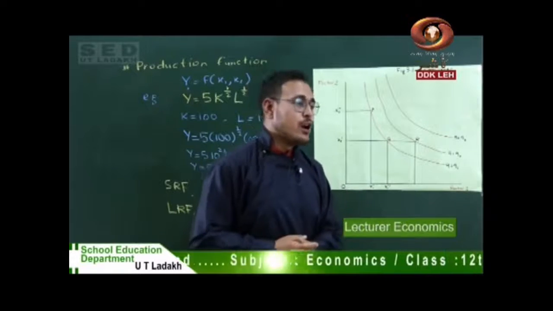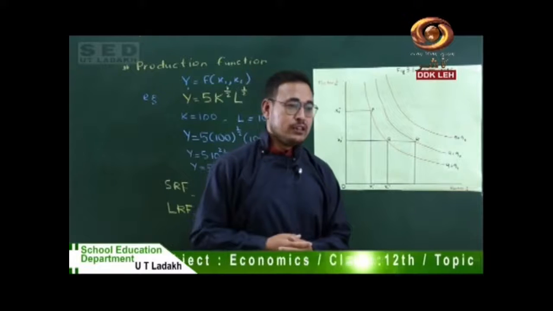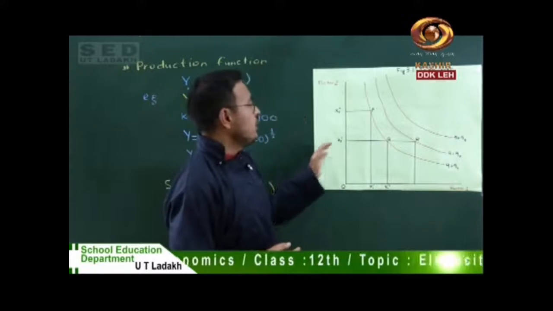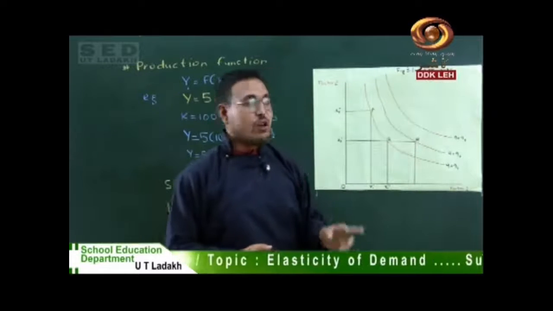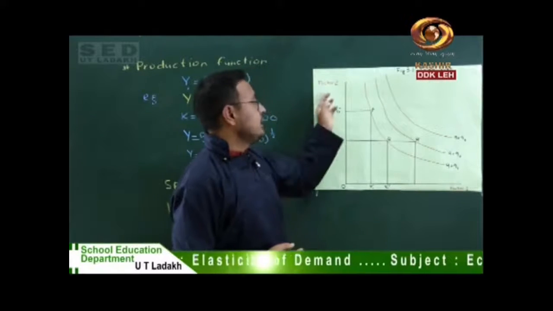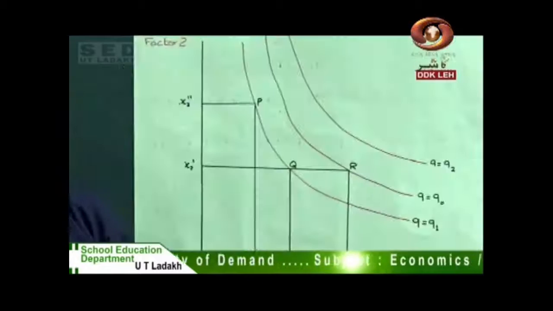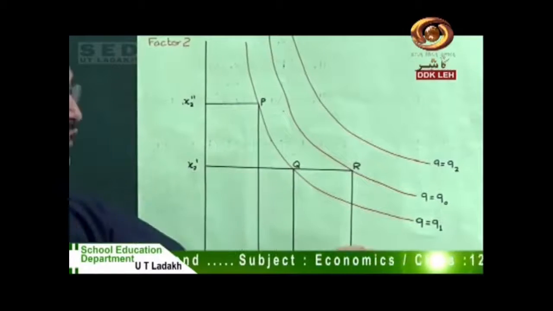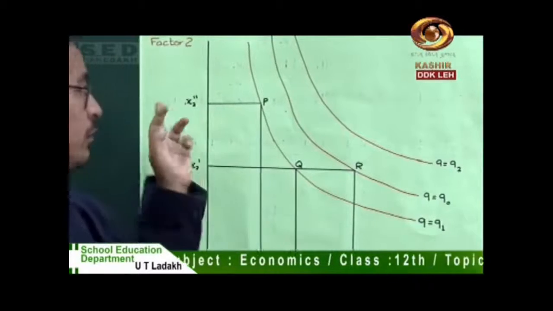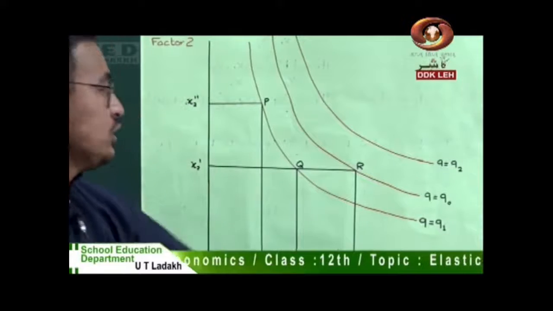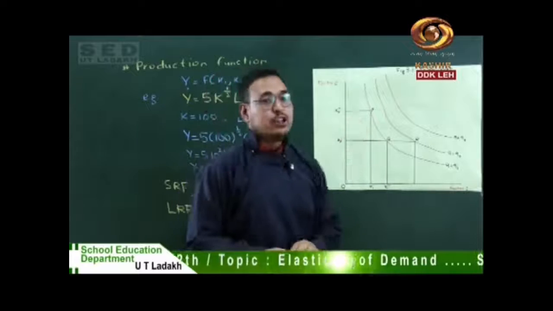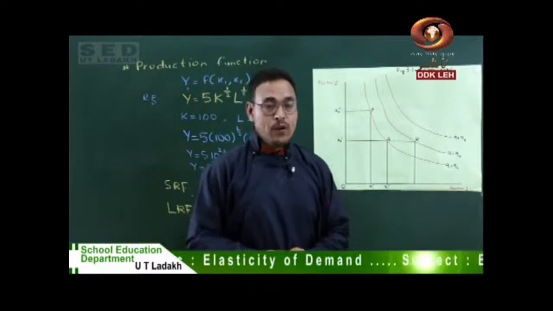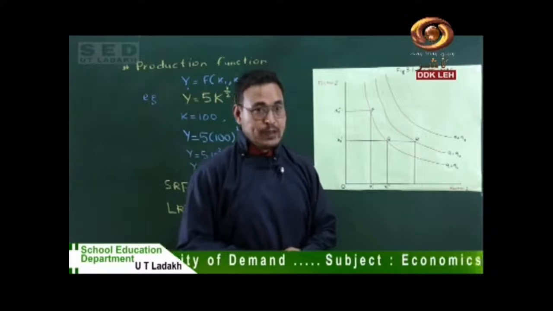Similarly, we also use the concept called isoquant. The definition of isoquant is the set of all different factors, factors could be land or labor, I'm simply using factor 1 and factor 2, that will give you the same level of output.